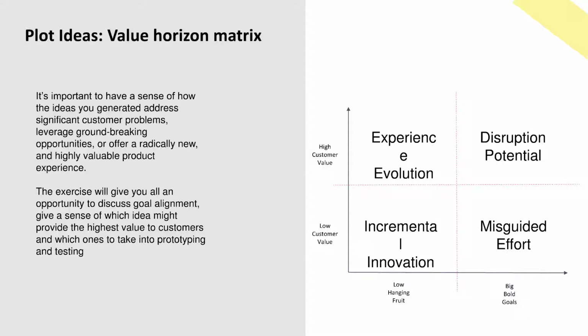The 4 quadrants represent the quality of your solution. So, for example, at the top right, the ideas that have the most disruptive potential would be placed there. And to the left, within the high value but easy to implement, is the experience evolution quadrant.